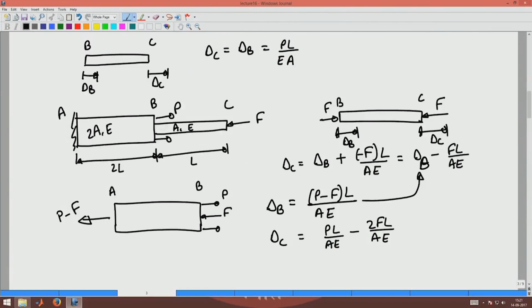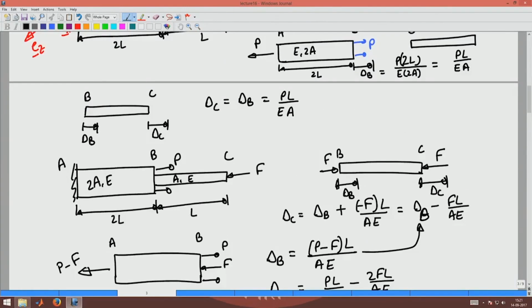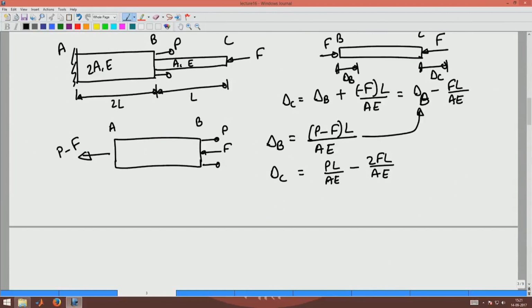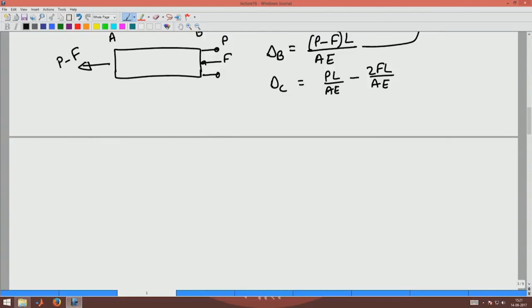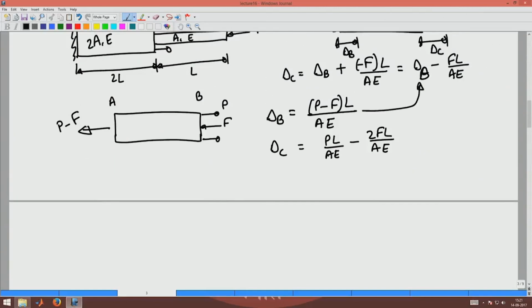Now, let us assume that C is not free to displace, but I have a boundary at a distance delta from C. Let us assume that C is limited to displace only by a certain amount delta. That is problem 3 that I am looking at.